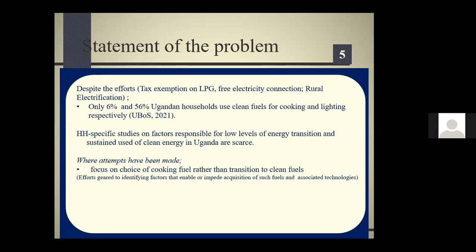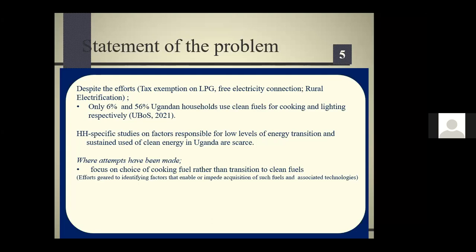Recently, the government of Uganda, in the last 3 or 4 years, gave tax exemption to LPG. Until late last year, we had a free electricity connection policy. There's been a lot of emphasis on rural electrification. All these efforts from government and other associated agencies were geared to helping households move away from the consumption of solid fuels to clean fuels.